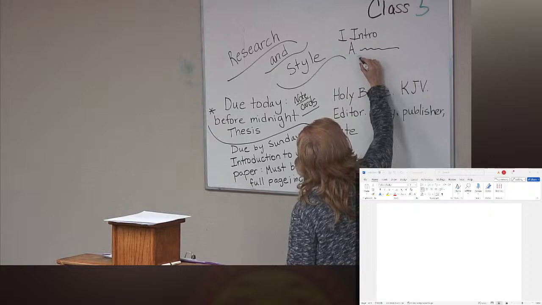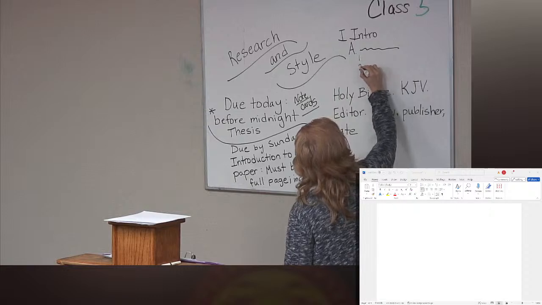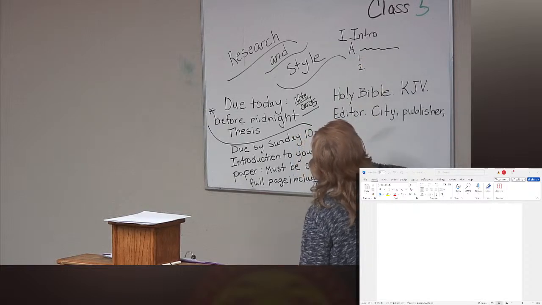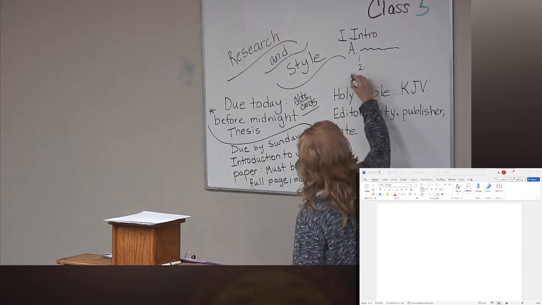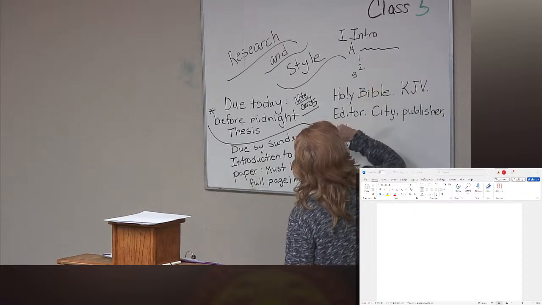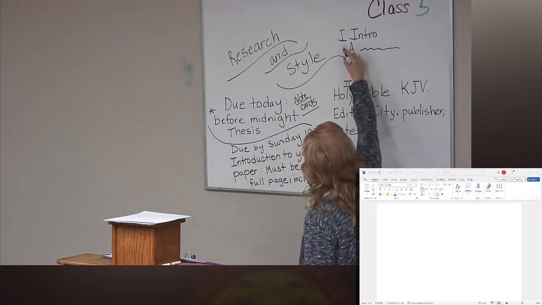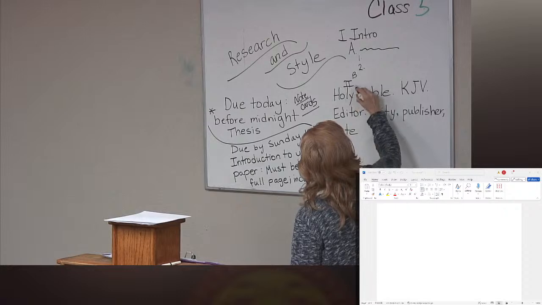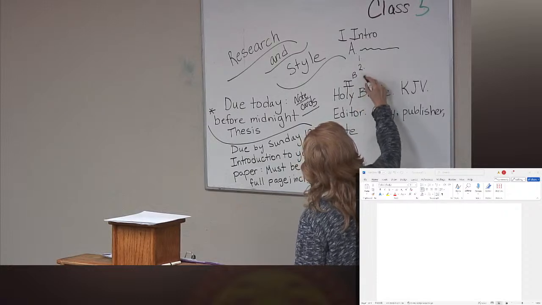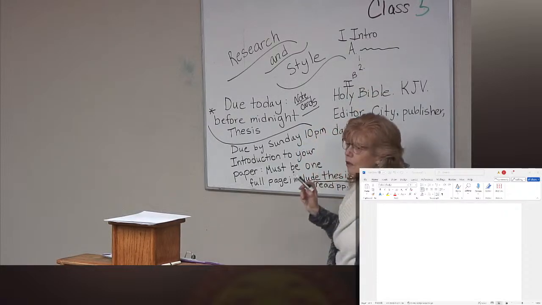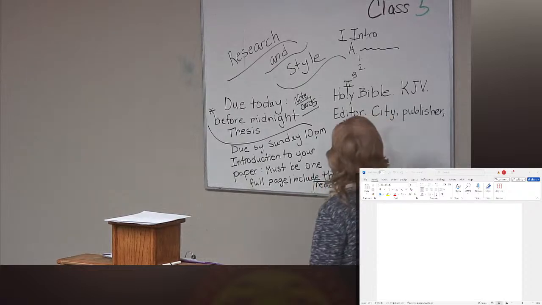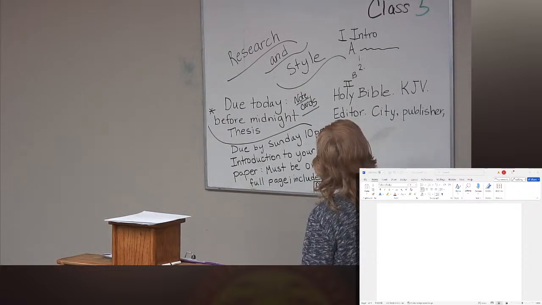And if you have a 1 and a 2, they have to be indented as well, and then of course your B and 1 and 2. But when you go back to your 2, it goes back right under where that 1 is. Again, your A's and B's will be lined up, your 1s and 2s will be lined up. So just make sure you're careful about that when you're doing it on the computer.